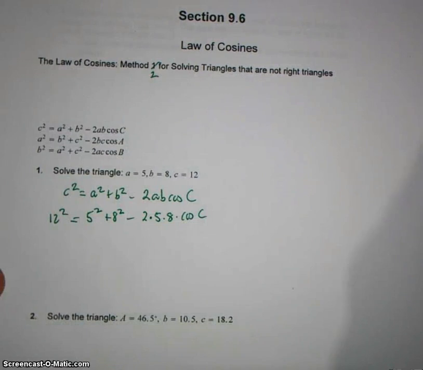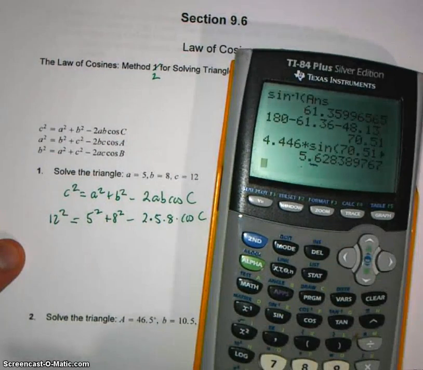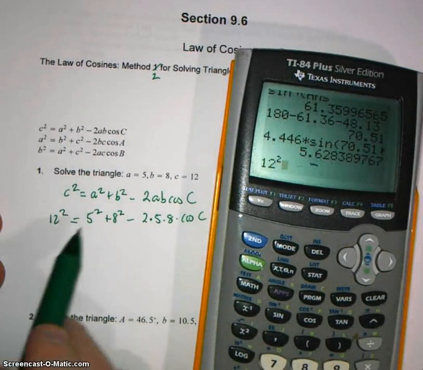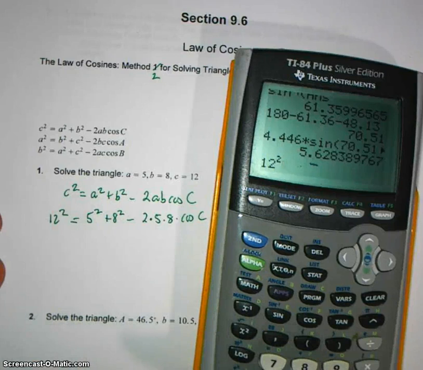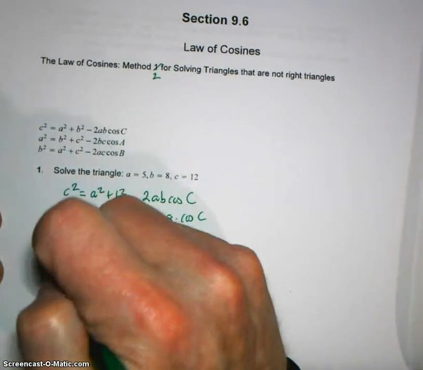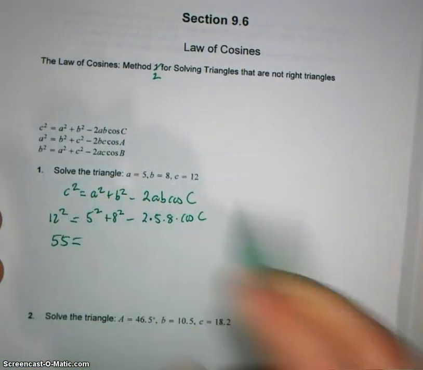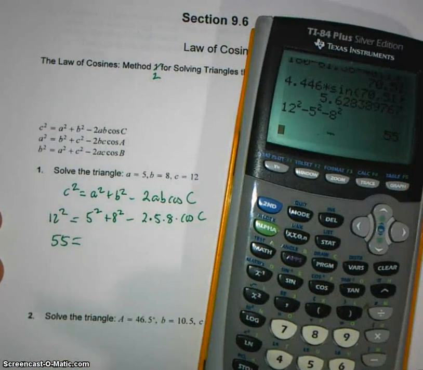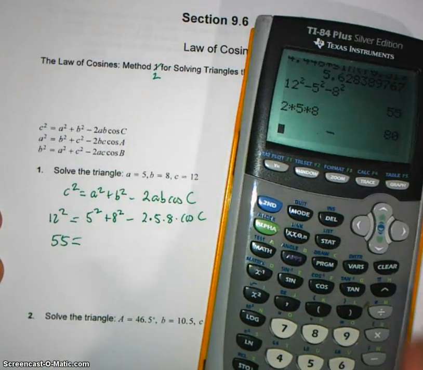So I grab my calculator. I'm going to do 12 squared, and I'm going to move the 5 squared and the 8 squared over. So I'm going to do minus 5 squared minus 8 squared. That's 55 equals 2 times 5 times 8, which is 80.